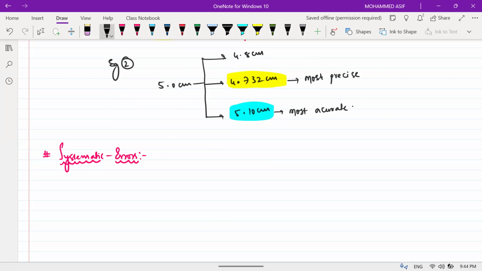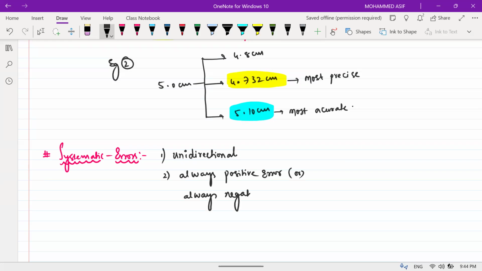The first point you should remember is that they are unidirectional. That means they will be in only one direction every time. It may be always a positive error, or always a negative error every time you do the experiment.